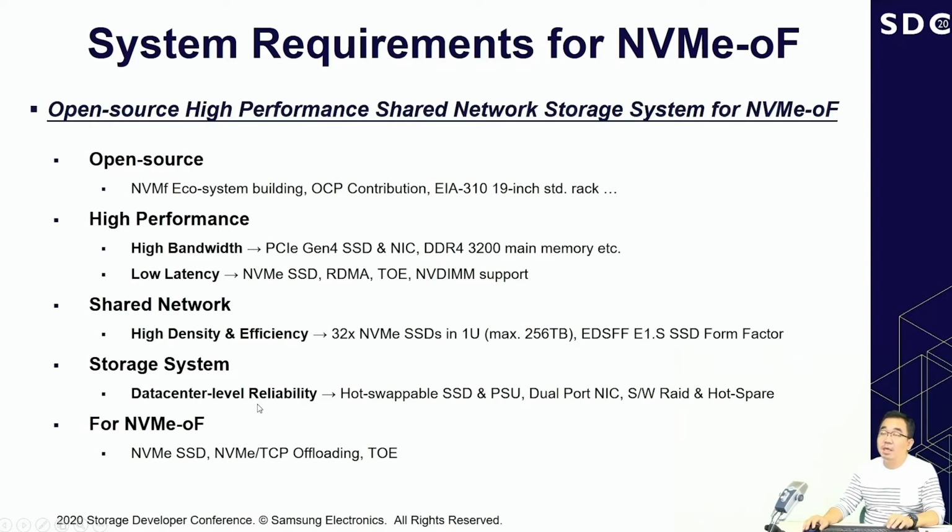For example, it supports hot-swappable SSDs and PSUs, it supports a dual port, high speed, high bandwidth network controller, and it supports software RAID and hardware RAID for the SSDs. And it is designed for the NVMe fabric system, and naturally the system utilizes NVMe SSDs and supports NVMe and TCP offloading engines.